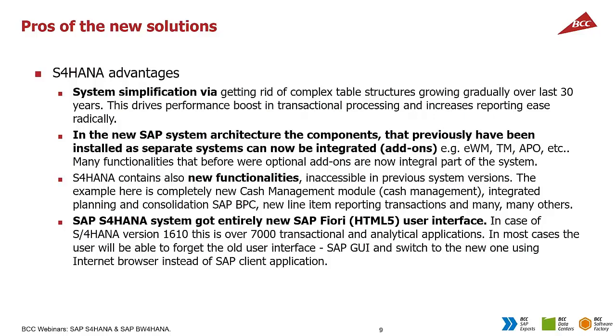So when a simple transaction, for example posting a material movement, was posted, the same data was transferred to several logistic tables and several financial tables, and it was duplicated several times, and it's not needed with the new SAP HANA platform.